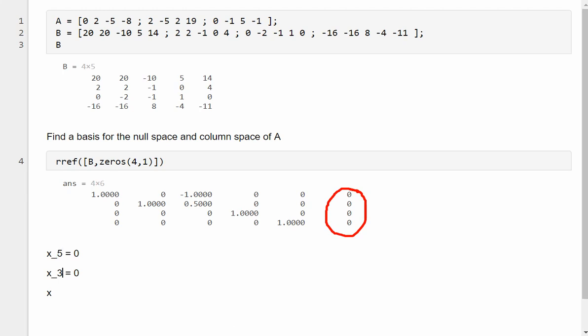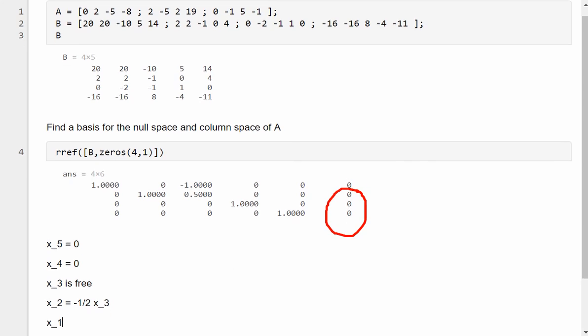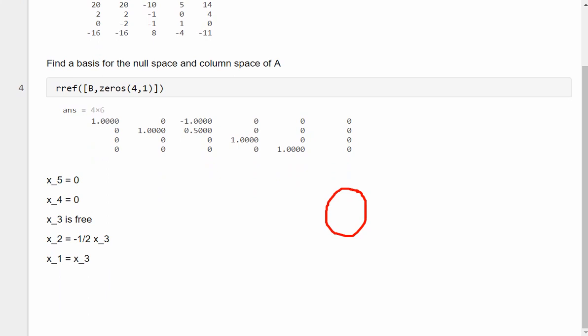This is: x sub 5 is 0, x sub 4 is 0, x sub 3 is free, x sub 2 is equal to minus 1/2 of the free variable x sub 3, and x sub 1 is equal to x sub 3, when I subtract the minus 1 over to the other side. Which means we have vectors of the form.